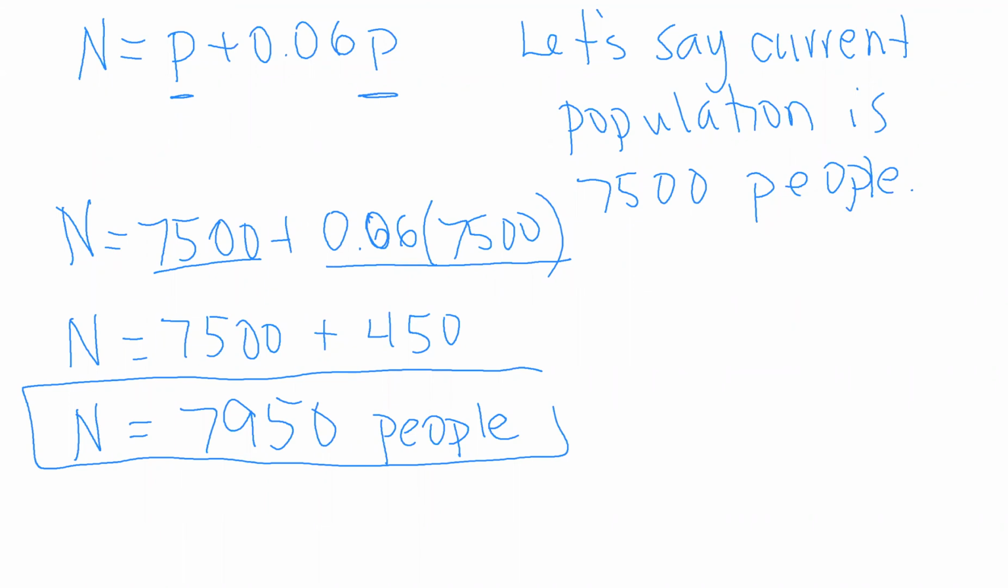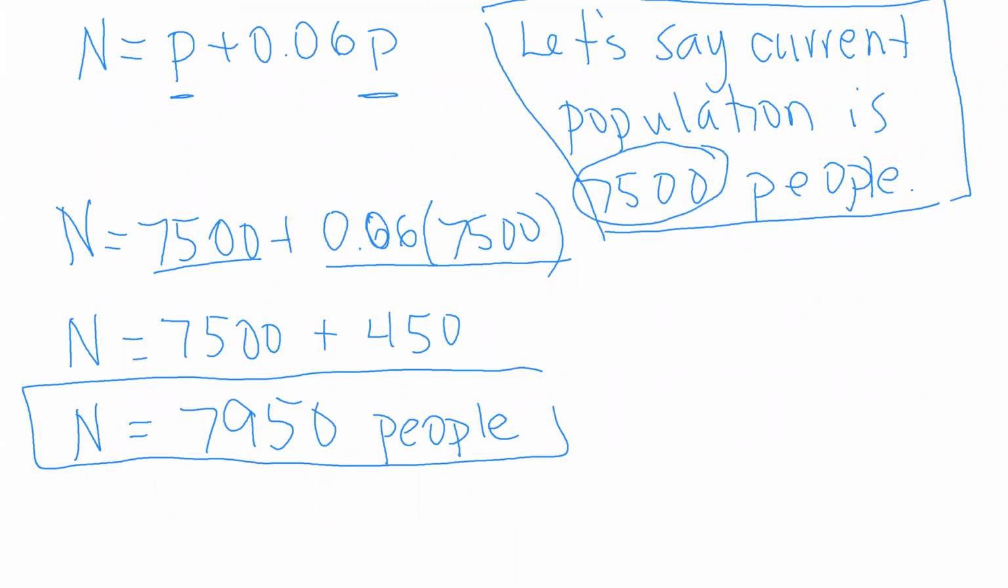And then let's say that the current population is 7,500 people. We take 7,500 people, we plug it in for P, and we do the order of operations. So we multiply and then we add, and we get that after a 6% growth, this town should be at 7,950.